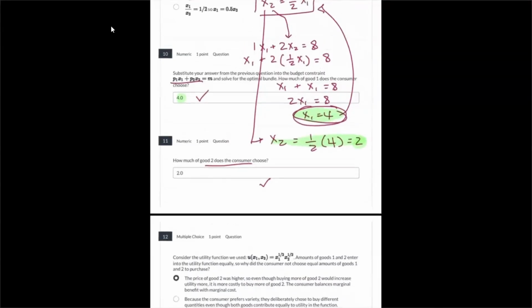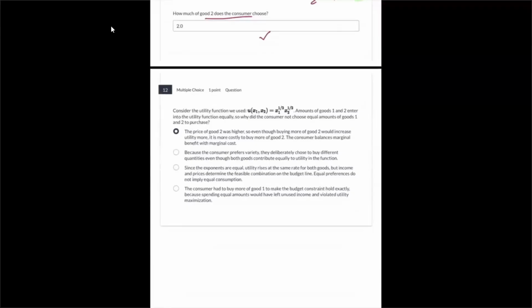Our P2 was 2. So good 2 was more expensive, so we bought less of it than good 1. Price of good 2 was higher, so even though buying more of good 2 would increase utility, it would be more costly to do so. So the consumer balances the marginal benefit, that partial derivative of utility, with a marginal cost, which is the price. That's the answer there.